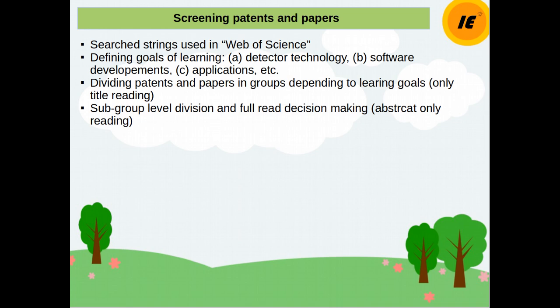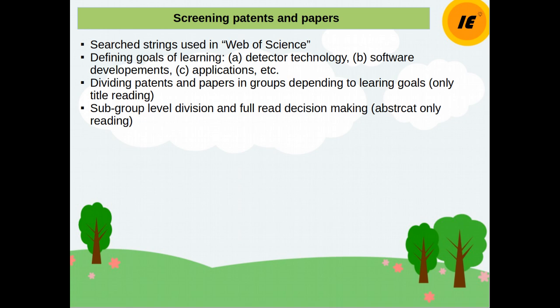The second level of screening is to go through the abstract of each paper and patent and try to understand the more detailed grouping, that is, subgroups. It doesn't have to be a separate folder; it can be a folder within the bigger folder, or whatever you want.